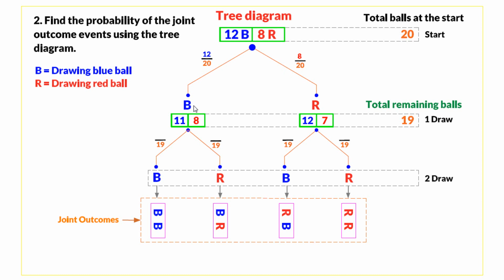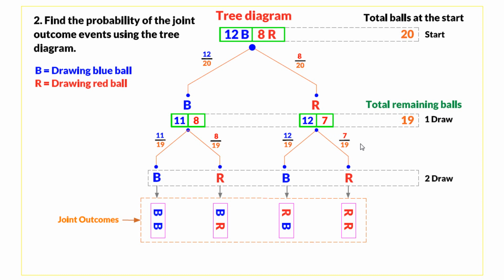Now what is the probability of picking one blue here? So we have 11 blue over 19. What is the probability of picking red here? We have 8 red, so it is 8 over 19. And we keep doing that. For each branch we have 12 over 19 for the blue and 7 over 19 for the red.